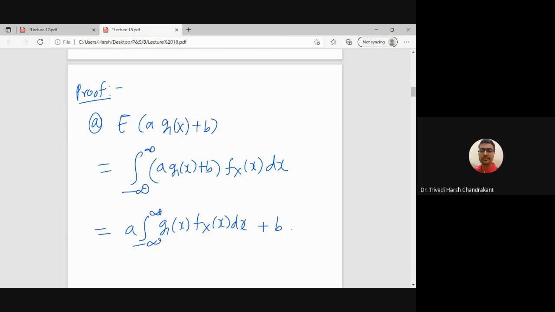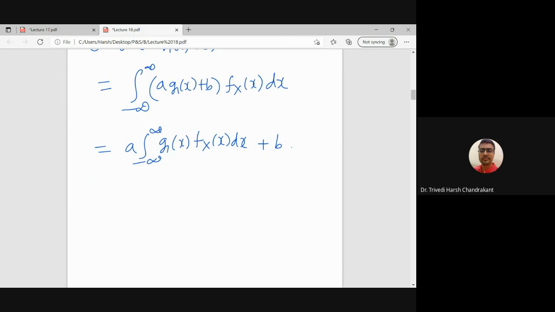The area over all of minus infinity to infinity of f_X is 1. That is exactly what we are using here, and we'll be using this again and again in this lecture, at least one more time. So just remember that. So now what is this? That is a times the expectation of g1(X), plus b, right?